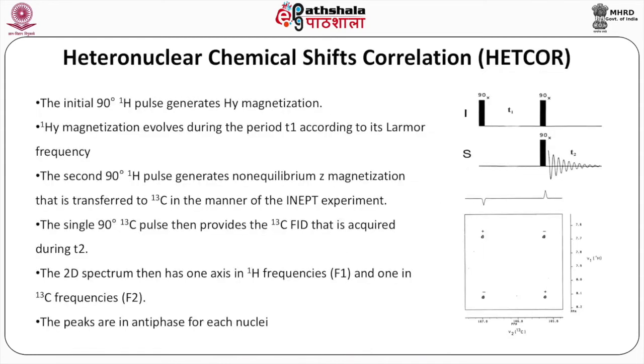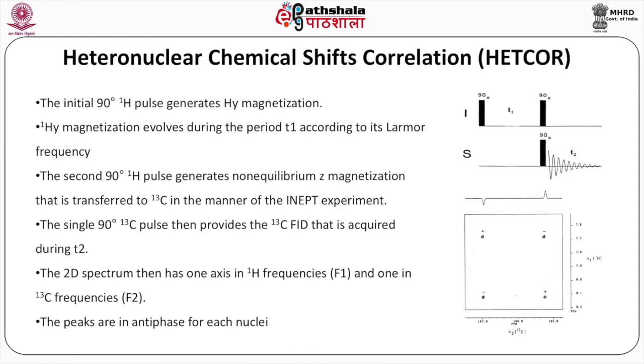Heteronuclear chemical shift correlation, heterocozy or HETCOR. The initial 90-degree proton pulse generates Hy magnetization as per the pulse sequence shown in the upper right side. The Hy magnetization evolves during the period t1 according to its Larmor frequency.